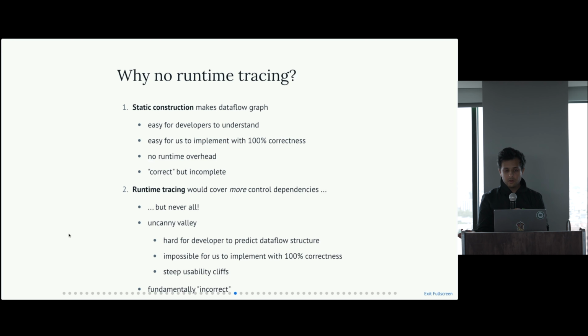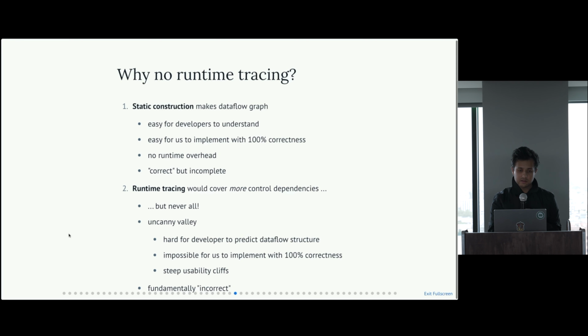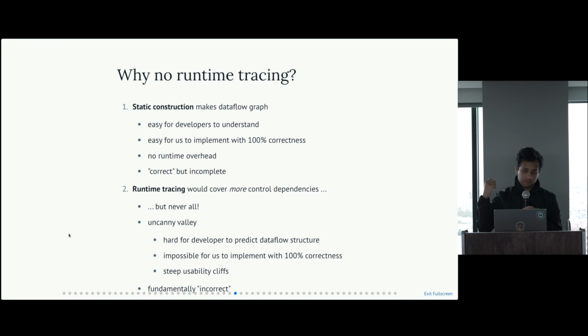So why don't we trace user code, and what exactly is this trade-off? Static construction means the Dataflow really only depends on definitions and references. It makes it really easy for developers to understand the Dataflow structure of their code. It's just variables. It's easy for us to implement with 100% correctness.